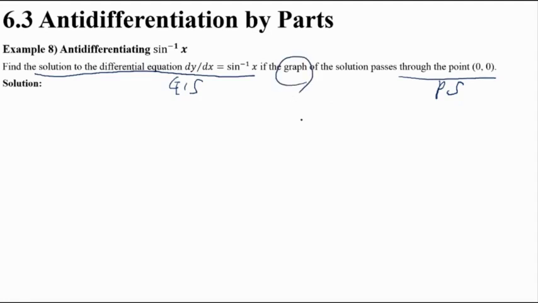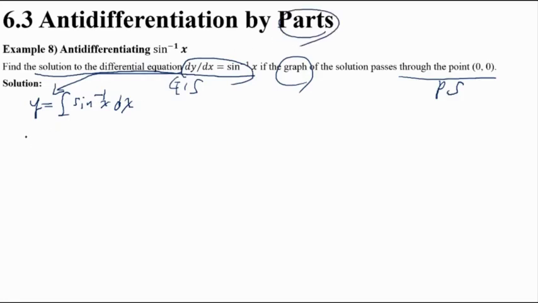Okay, so first of all, here dy/dx equals inverse sine x. How can we change it? dx, so y equals the integral of inverse sine x dx, right? How can we do that? Same way, using parts.